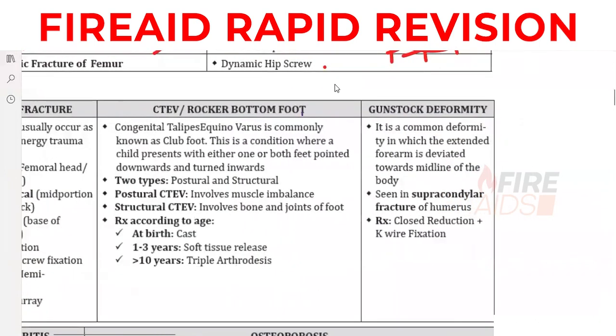Next is gunstock deformity. Regarding gunstock deformity, all you need to know is when the forearm is extended and deviated towards the midline of the body, this occurs. Extended forearm leads to gunstock deformity.